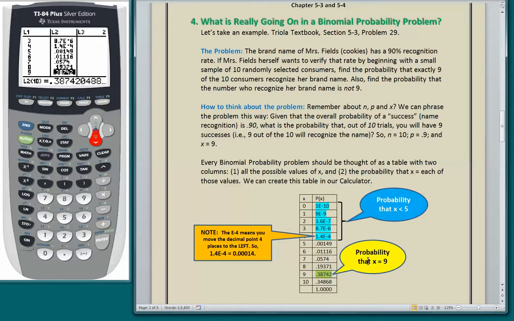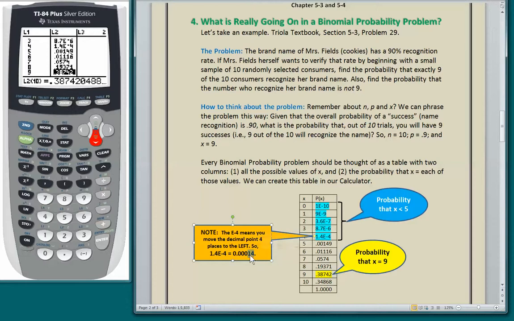I'm going to pause now and just talk a little bit about this e to the negative 10, e to the negative 9, all these e's here and what they mean. It explains it right here. I'm pointing at this one right here. The e negative 4 means you move the decimal point 4 places to the left. So when you do that, 1.4 e to the negative 4, that's this number right here, equals 0.00014.